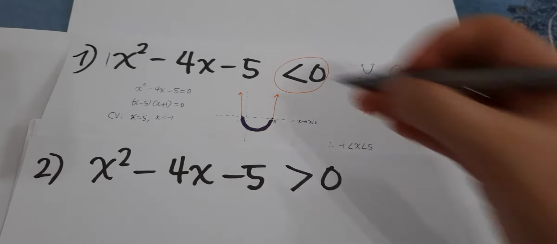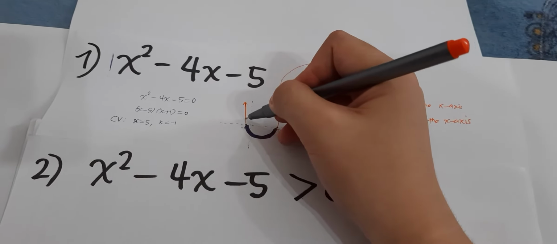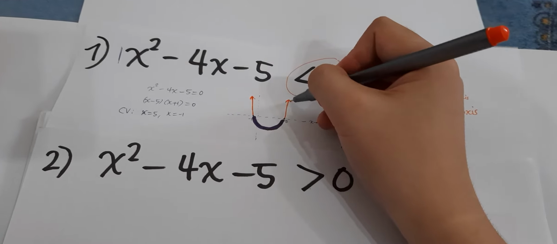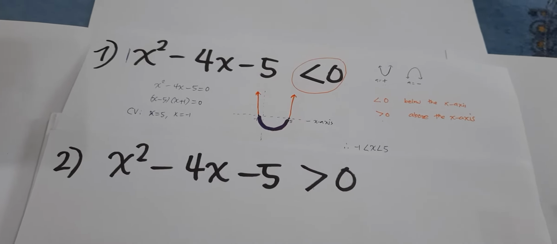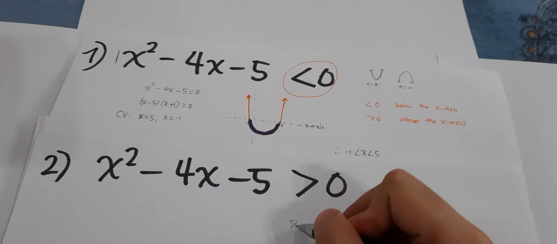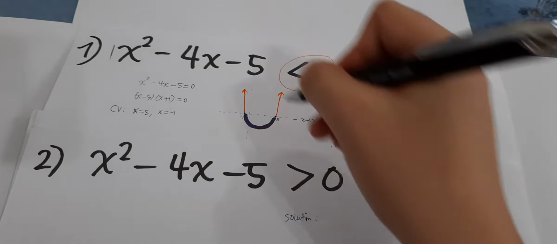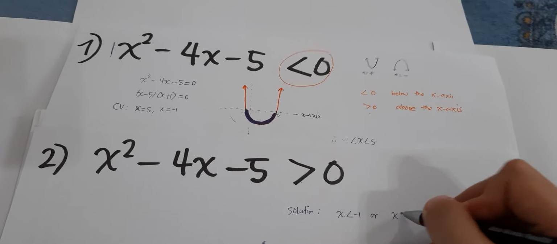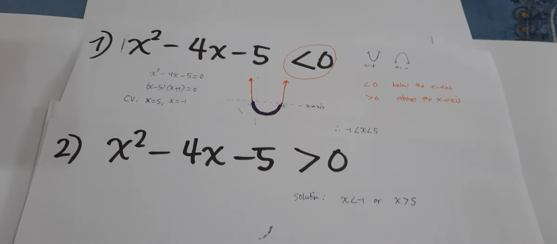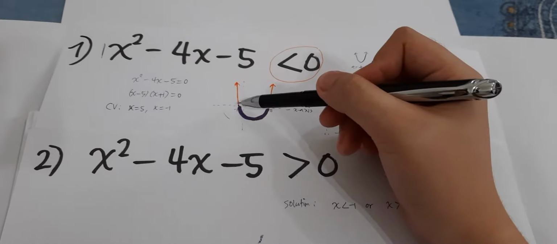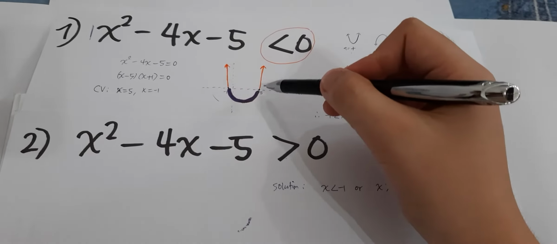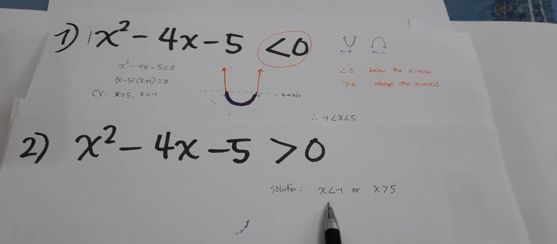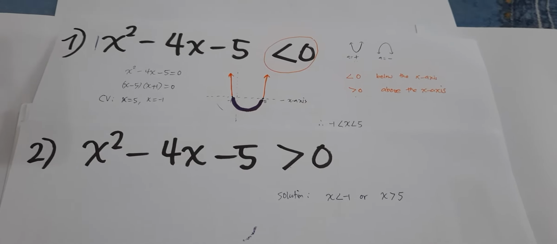This orange part, and also this value above. So your solution is the values less than minus 1 or the values greater than 5. Because take note, this one could extend to the left, and this one will extend to the right. So x less than minus 1 or x greater than 5.